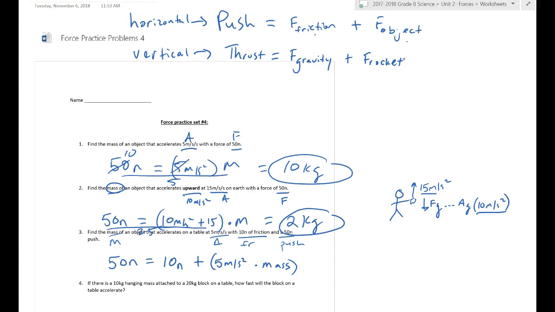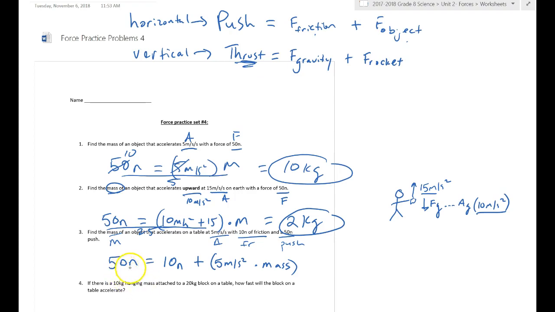So the force of the rocket, meaning how much force is being exerted on that object to get it to move at whatever rate is desired upwards, you also need to account for the force of gravity when you're determining how much force in total, your net force, your thrust, you must place on the object.